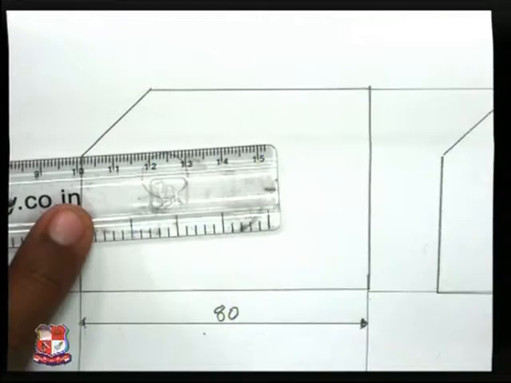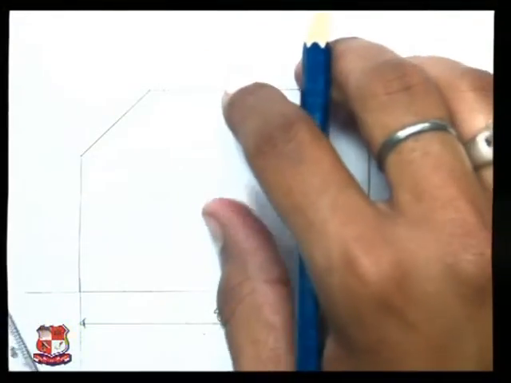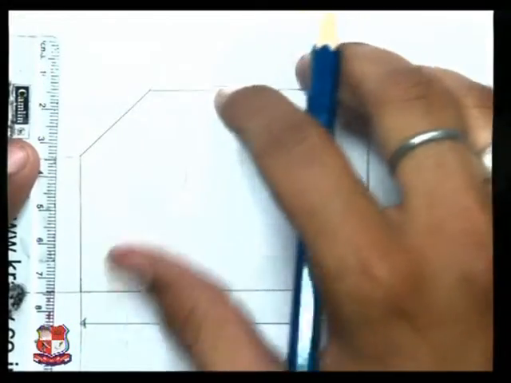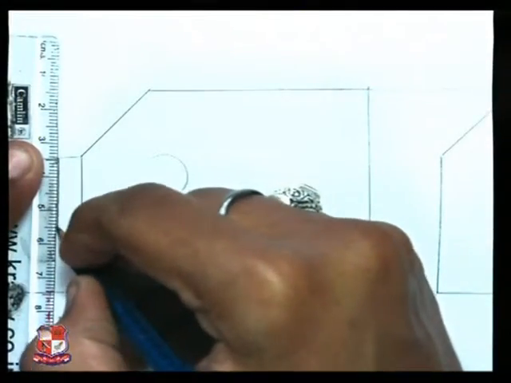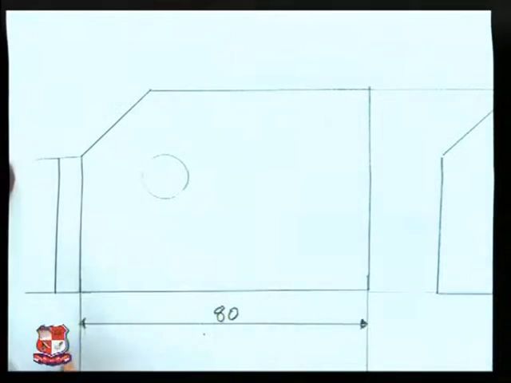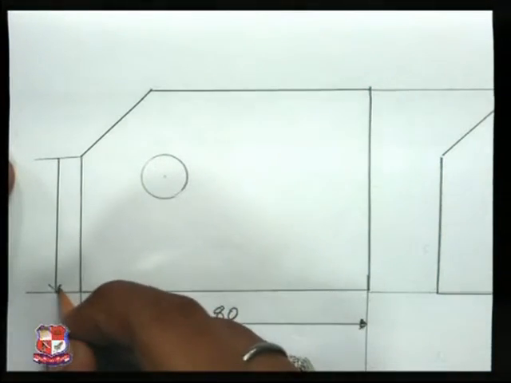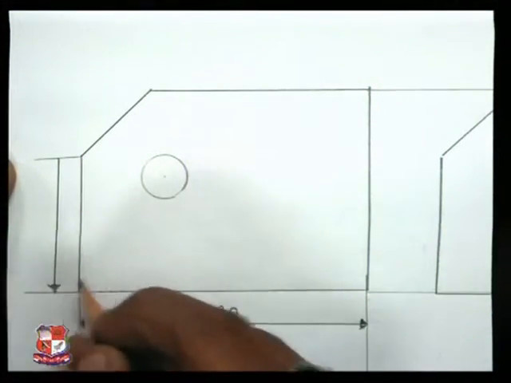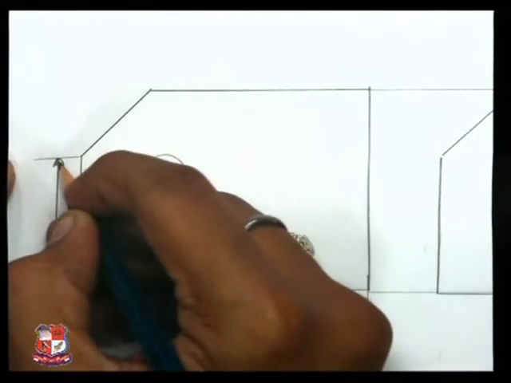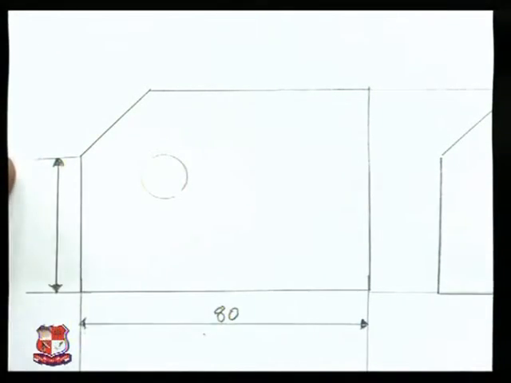Same extension line, a dimension line, filled arrows on both sides.